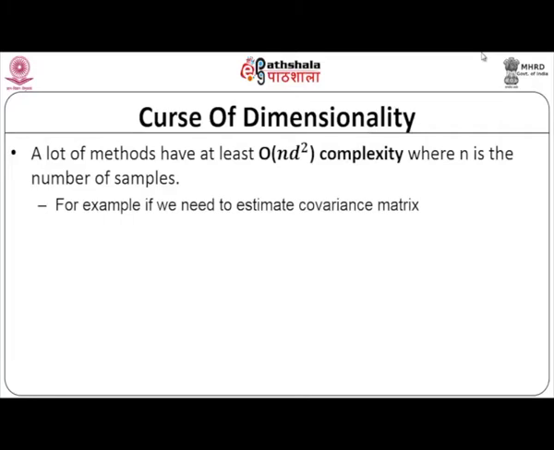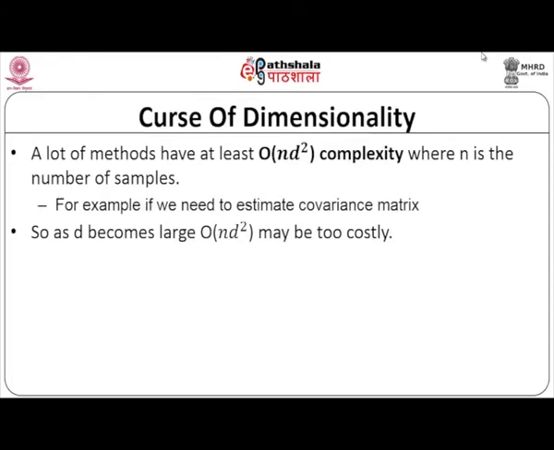For example, if we need to estimate the covariance matrix, it is not that with d dimensions you need only of the order of d; you need of the order of d squared. The covariance matrix is a d by d structure, so you need d squared. As d becomes large, order of n d squared becomes too costly to do.